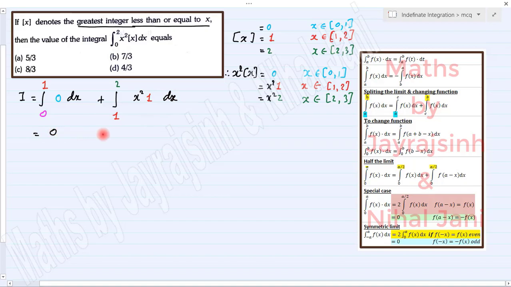Integration of 0 will be 0 and integration of x square will be x cube by 3, with limit from 1 to 2. Let's substitute the limits. From the upper limit we will get 2 cube minus, from the lower limit, 1 cube, whole divided by 3. So we can say I is simply 7 by 3, which is given in option B. Ta-da!